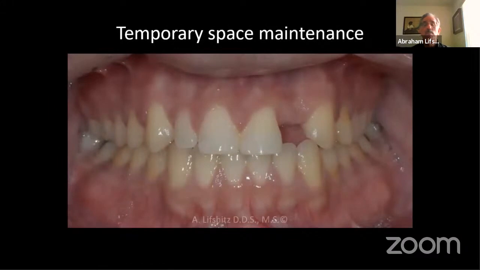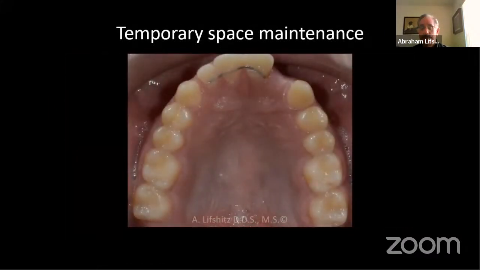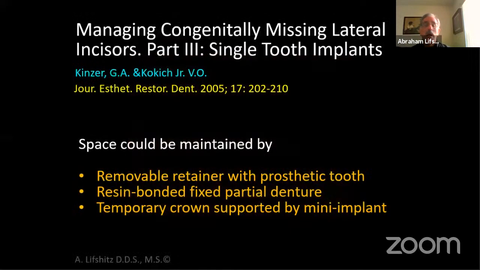So we have a temporary space maintainer with a fixed retainer. The space could be maintained by a removable retainer with a prosthetic tooth, by a resin-bonded fixed partial denture, or by a temporary crown supported by a mini implant, just as Dr. Hirschaut commented.